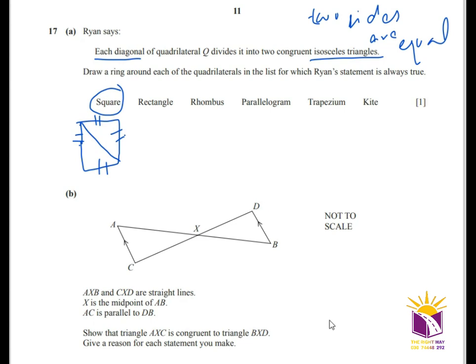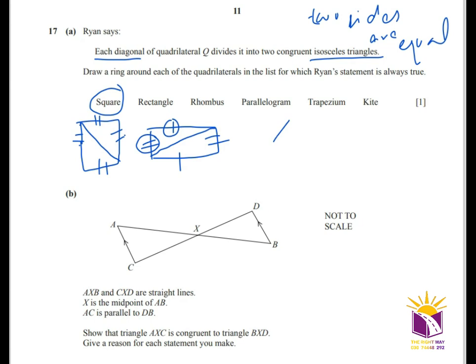Rectangle. In a rectangle, the opposite sides are equal. But when I divide it with a diagonal, it is not going to make an isosceles triangle because this side is not equal to this side. Rhombus.